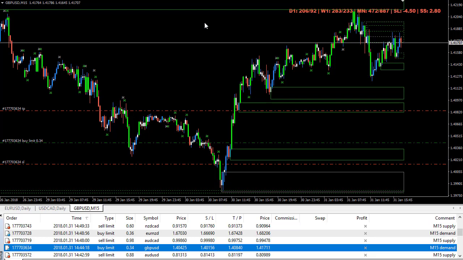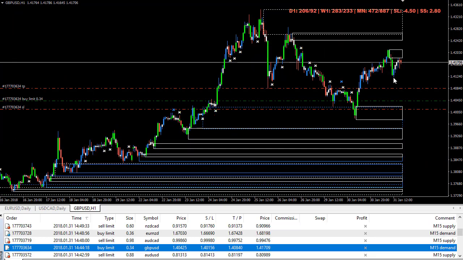Okay. You go here, hourly chart. What's going on? Well, we have the most recent leg is this one. Oops, wrong thing. The most recent leg is this one here. And we have this one, and we have this one. The most recent one is here. So this is what we're looking at.